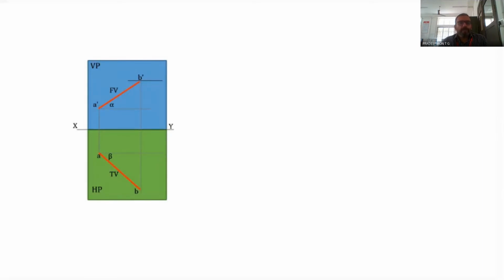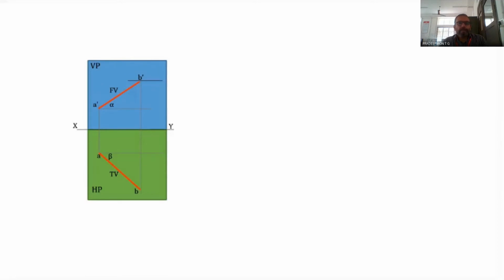The true inclination with the VP is denoted by phi, and beta is the apparent inclination in the top view. We call the beta value the apparent inclination because it is not the actual inclination; it is the inclination of the top view with the XY line, and phi is the actual inclination of the line with the VP.